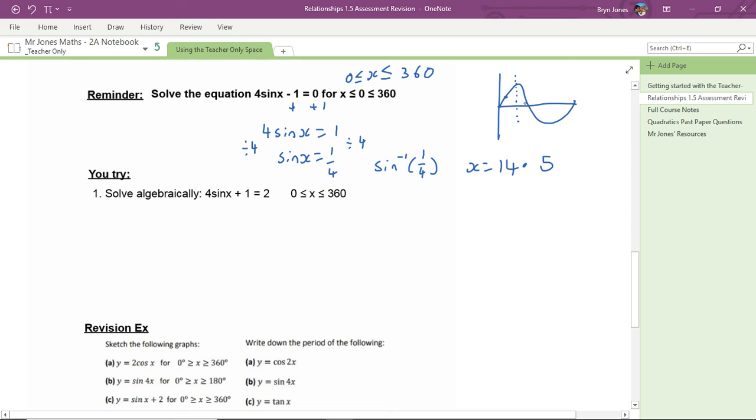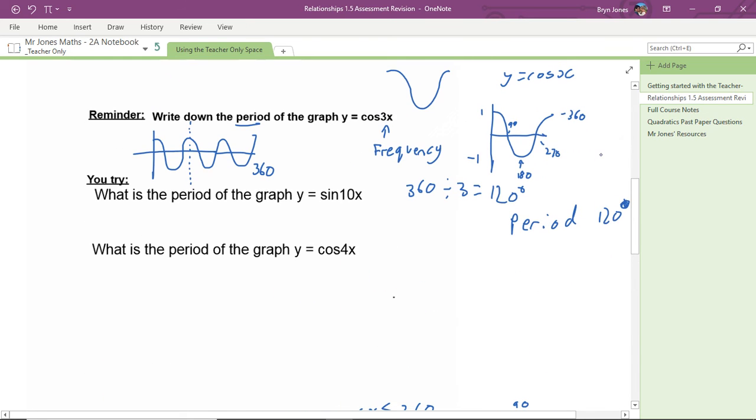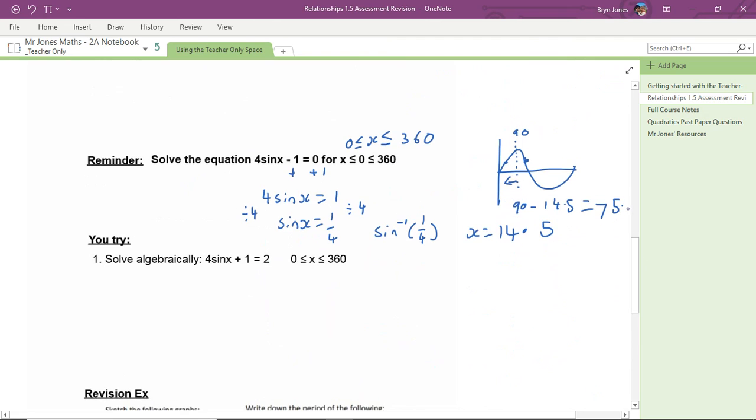Well, if we remember that it's symmetrical down this line of symmetry at 90, what we can do is we can work out this distance. This distance is 90 minus 14.5, which is 75.5.